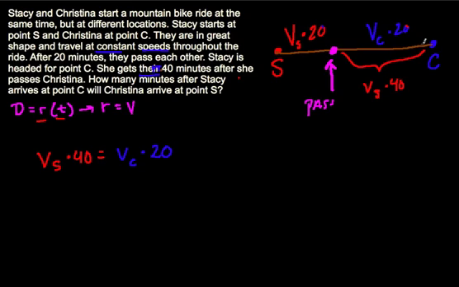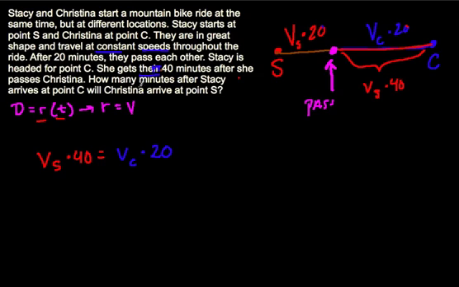So Christina can here cover all this distance in 20 minutes, and Stacy covers it in 40 minutes. So we get some instinct here that Stacy's going a little bit slower than Christina because it's taking her twice the amount of time to go the same amount of distance, and that's going to help us out.